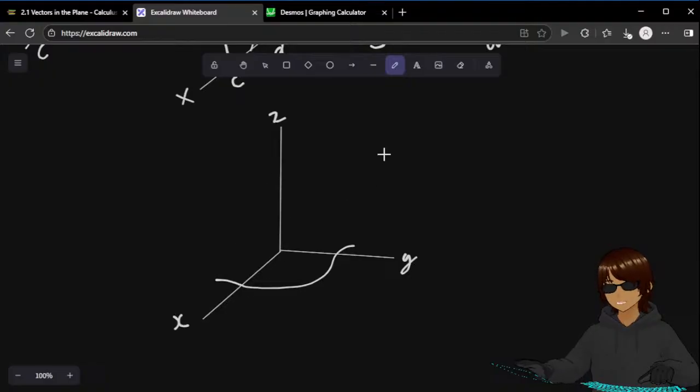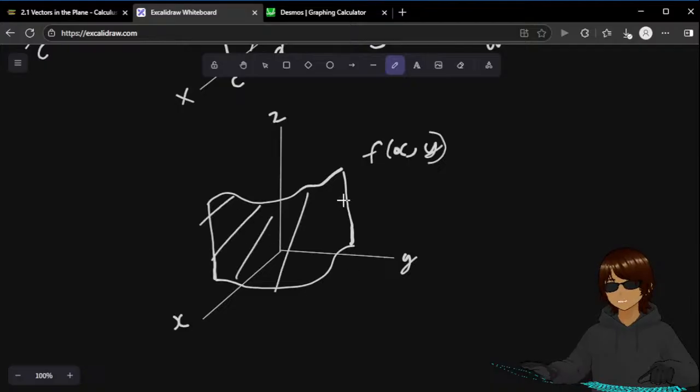So let's say we have f of xy with this domain, and f of xy is like this function over here. It's like some function over this curve, and we want to find the area of this sheet. So how do we do this?